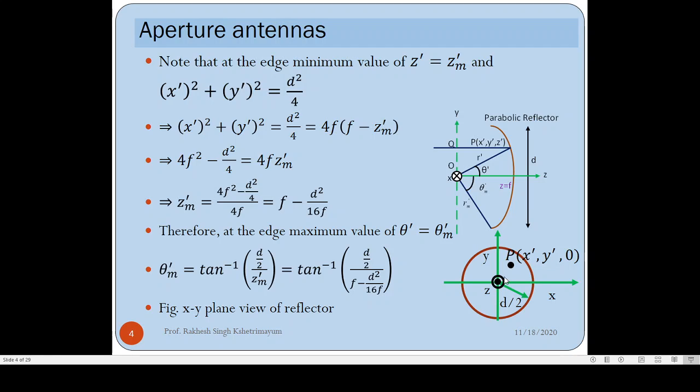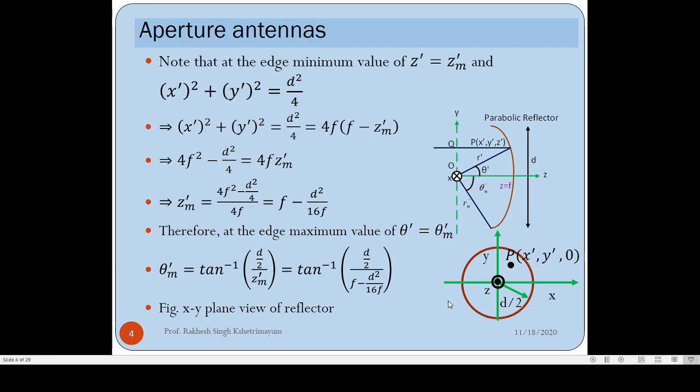So what is this distance between the origin and the point P, OP? Let's say OP would be square root of x dash square plus y dash square, and that would be having a value from 0 to d by 2. That's why we have this relation x dash square plus y dash square is equal to d square by 4 at the rim of this parabolic reflector.